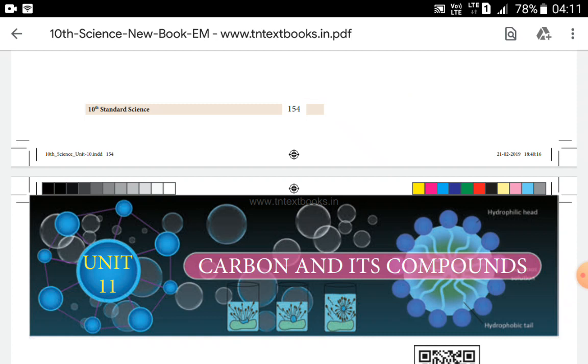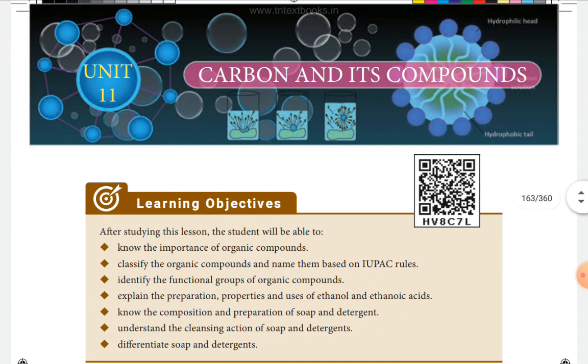My dear students, already we have learned in the 9th standard book, in the 15th unit, a lesson, carbon and its compounds. So regarding carbon, we have already started. In 9th standard it is given that carbon is a most important element, which is a non-metal.